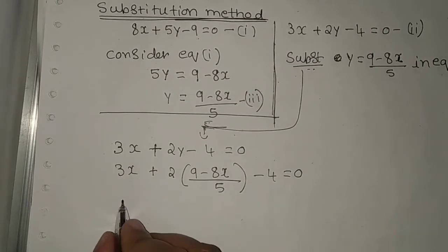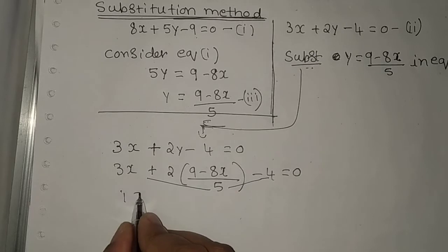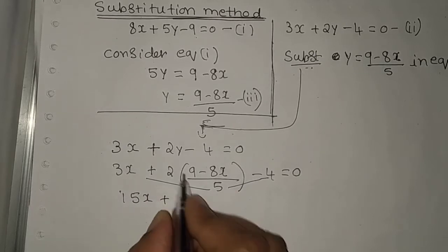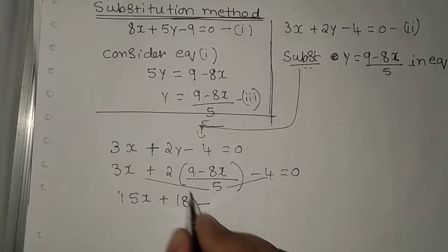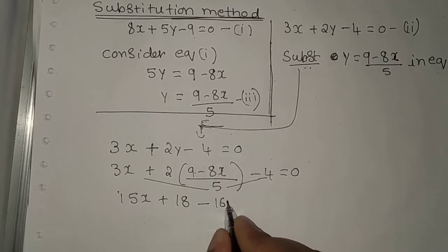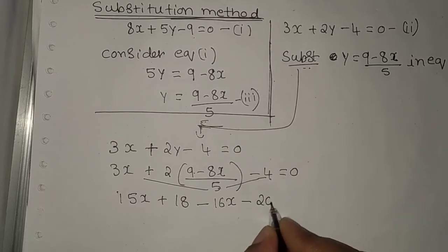Now cross multiply this. 5 threes are 15x plus, bringing 2 inside the brackets, 2 into 9 will become 18, 2 into 8 will be 16x, and 5 into 4 will be 20.